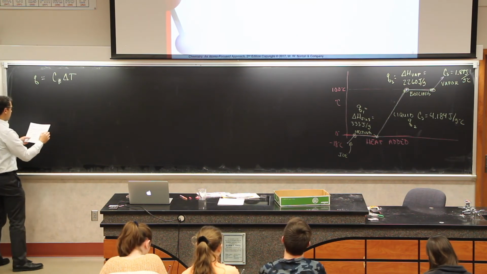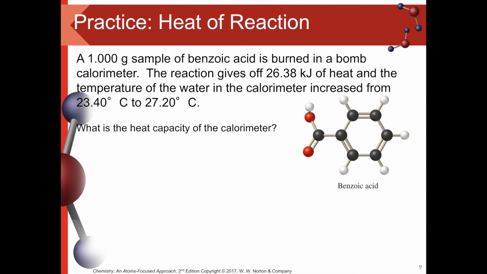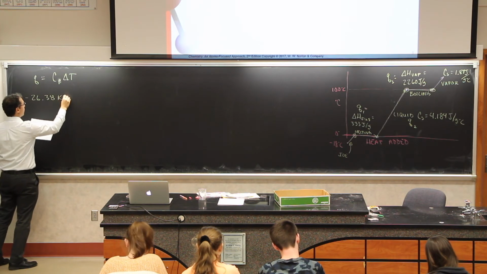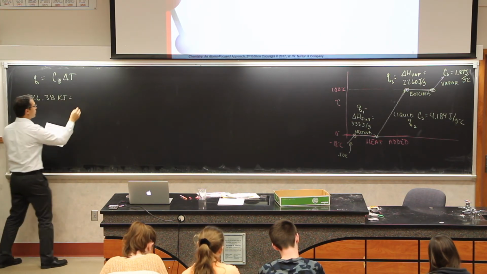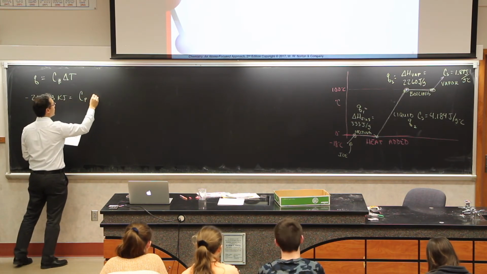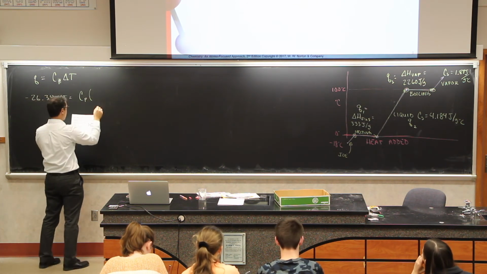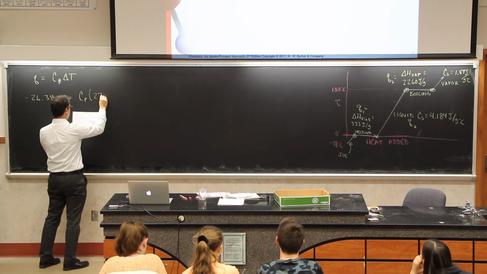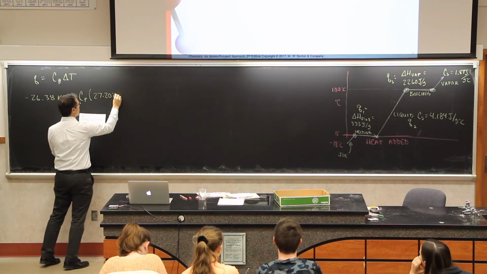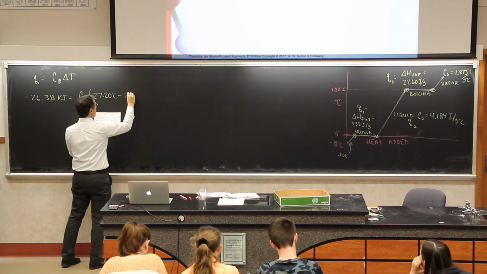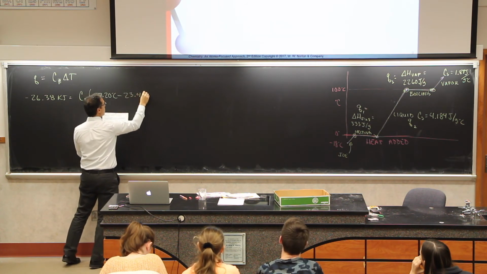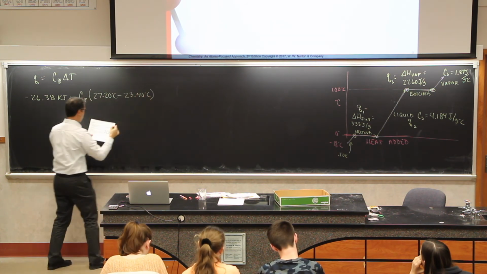And it tells us that the energy released here is 26.38 kilojoules. And that's equal to the heat capacity times the change in temperature. And our change in temperature is 27.20 degrees Celsius minus 23.40 degrees Celsius.